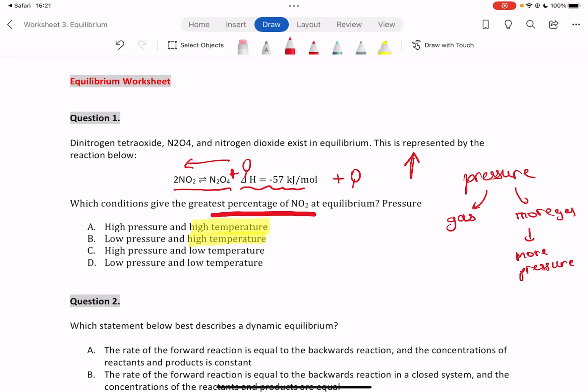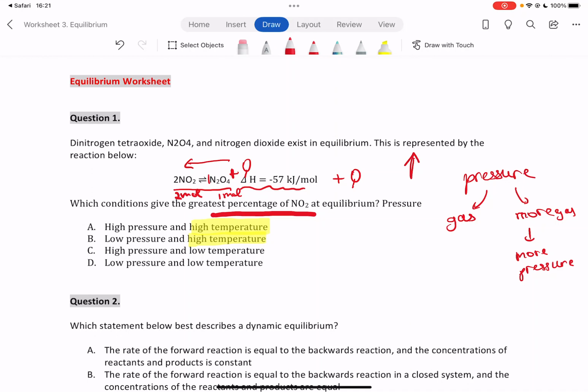For example, if we take a look at the reaction, we have 2 moles of gas particles on the left side, and we have only 1 on the right.